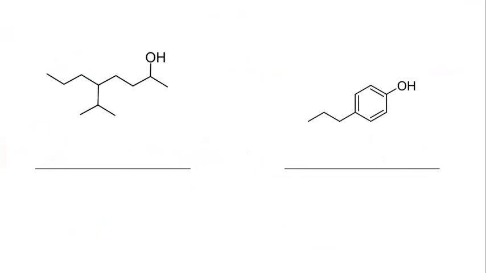Make sure that when you have time, you go over the in-class worksheets and you continue to practice the nomenclature for alcohols. So let's first deal with the molecule that we have on the left. Take a moment and determine what is the number of carbons in the parent chain.